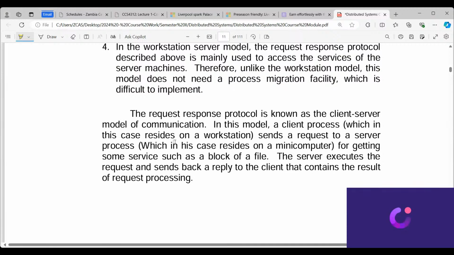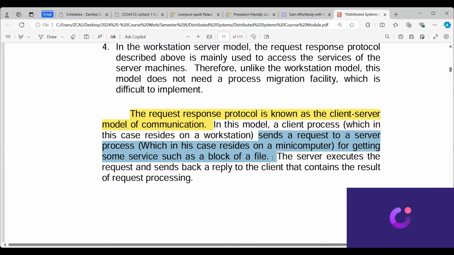So therefore, the request response protocol is known as the client server model of communication. In this model, a client process, which in this case resides on a workstation, sends a request to a server process, which in this case resides on a minicomputer, for getting some service such as a block of a file.